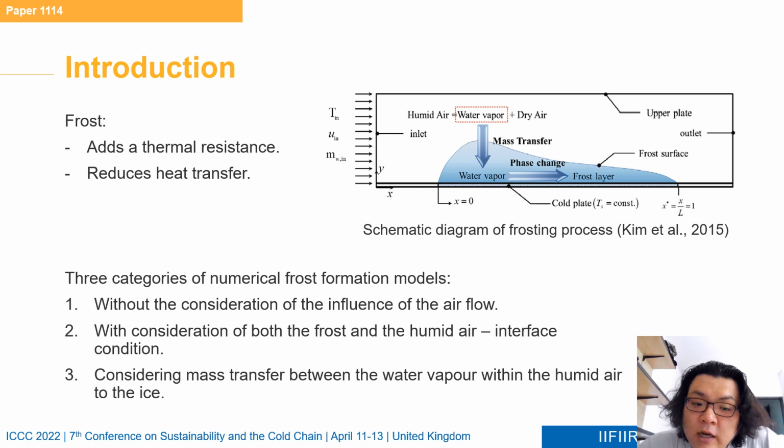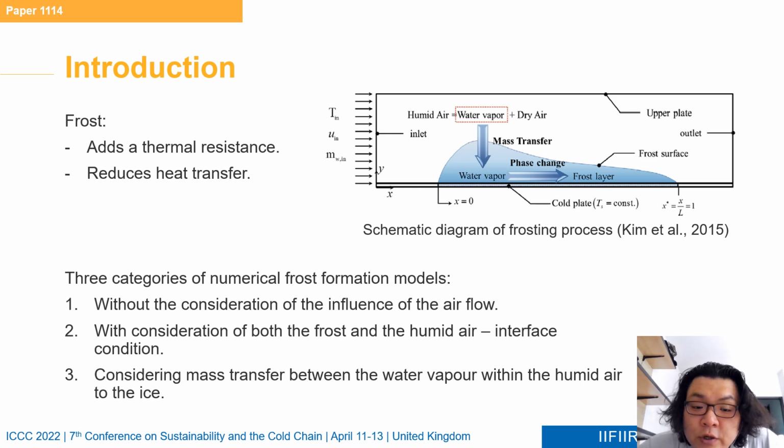And these attempts generally fall into three different categories of numerical frost formation models. The first category is without the consideration of the influence of the airflow, therefore predicting the frost growth itself only. The second category is with consideration of both the frost and the humid air by applying an appropriate interface condition between the frost layer and the humid air.